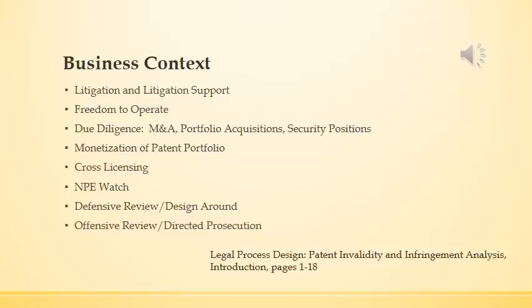And then of course you're thinking about designing around all the time, or what element of their claim language you can make changes to so you're no longer practicing their invention. And so defensive review and design-around often go together in this context. And of course, offensive review, that's when you're monetizing your own patent portfolio and you're looking for infringers, whether you're a practicing or a non-practicing entity.